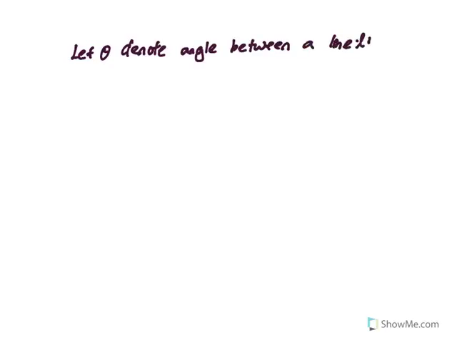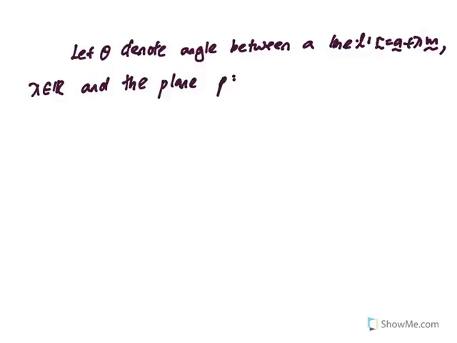So to cut a long story short, to find the angle between the line and the plane, we let theta denote the angle between the line and the plane, where the line L is r equals a plus lambda m, lambda is a real number, and the plane P is r dot n equals d.